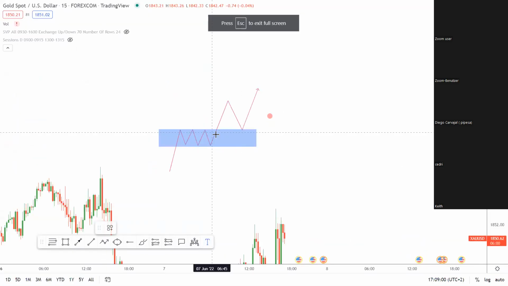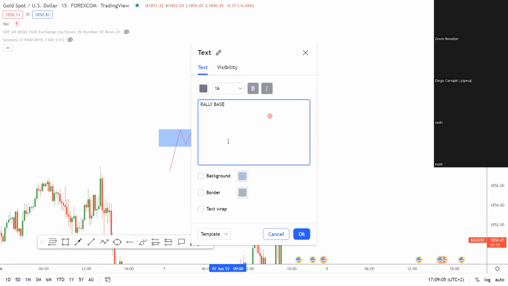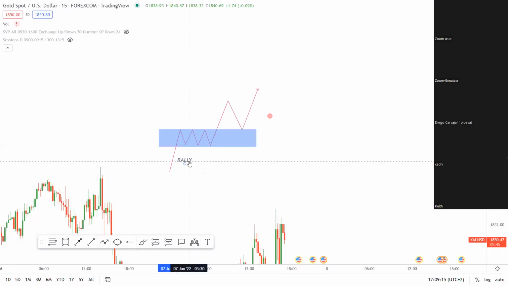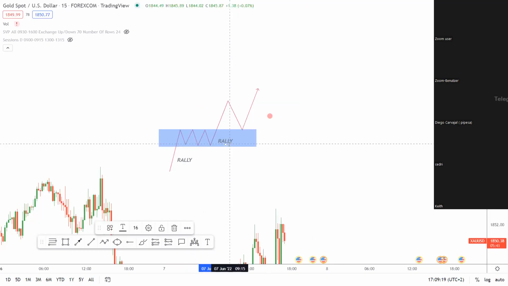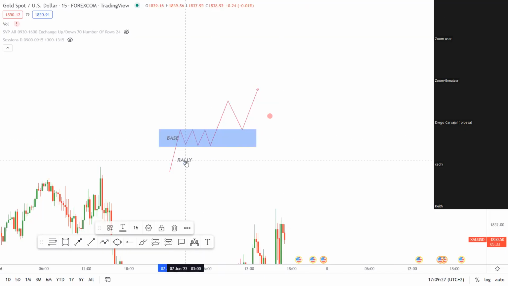So this is the rally base rally. I will try to go fast with this, but let me do it more clearly. As you can see, price does a rally, then forms a base right here, and then does another rally.